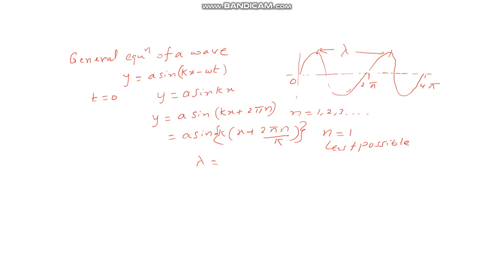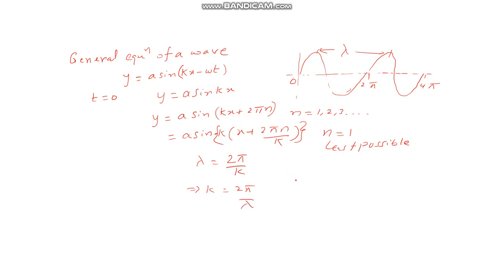If this corresponds to n is equal to 3, then this corresponds to n is equal to 4. So the distance between them is lambda. So what is the value of lambda here? Lambda value is 2 pi by k. So that means k is equal to 2 pi by lambda.